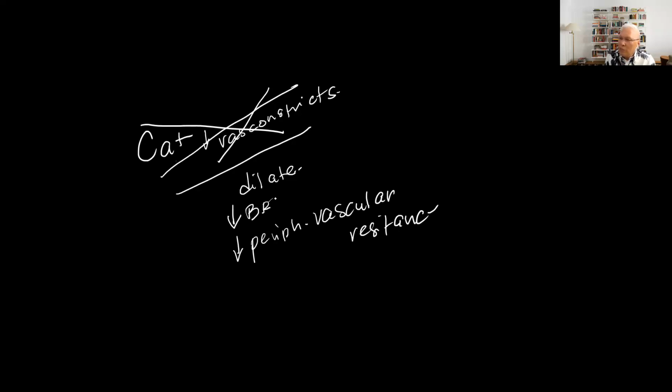Now, if you decrease the contraction of the smooth muscles, that leads to vasodilation. If you are going to decrease the force of contraction, then this is going to be called a negative inotropic effect.